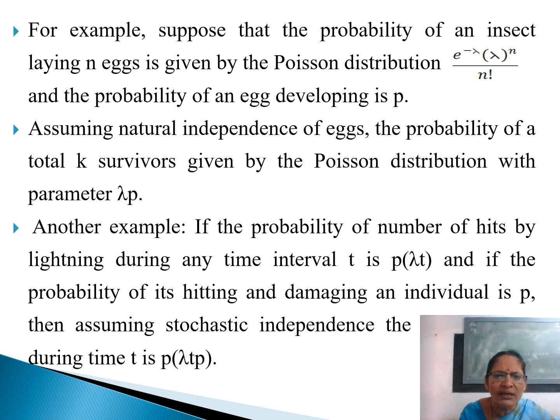Another example, if the probability of number of hits by lightning during any time interval t is P of lambda t, and if the probability of its hitting and damaging an individual is p, then assuming stochastic independence, the total over time duration t is given by P of lambda t p.